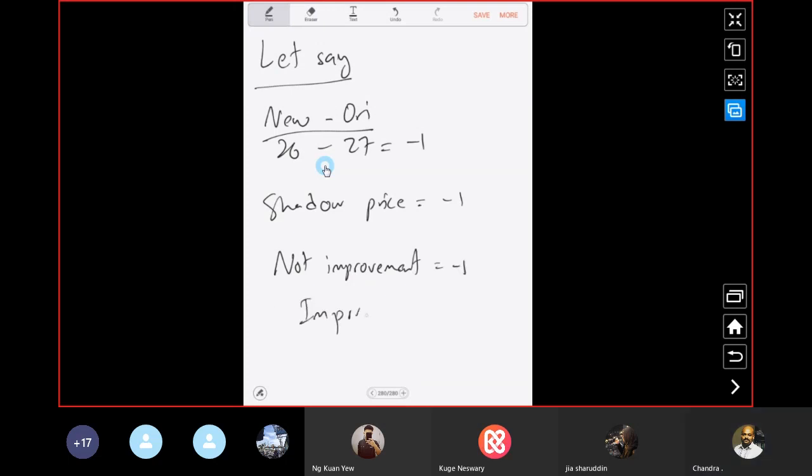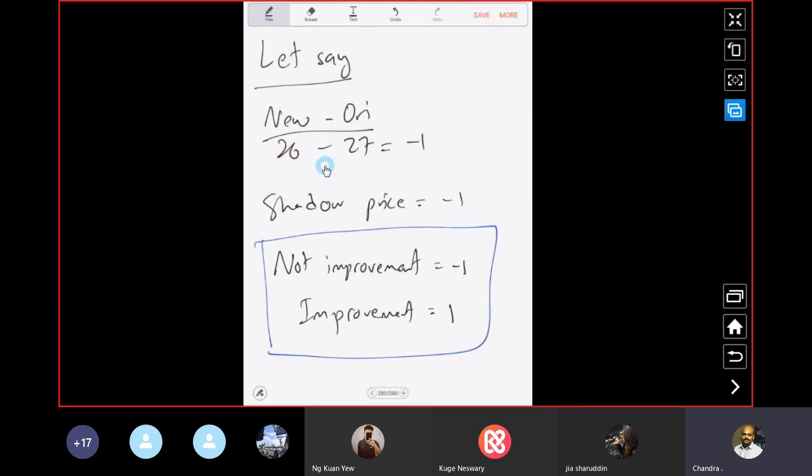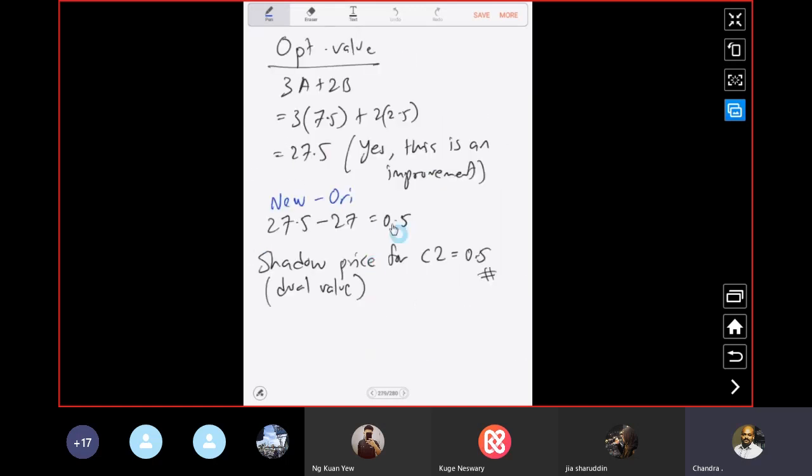Improvement, positive. Okay, positive 1. I just write here 1. Okay, this is the idea of doing shadow price. Remember this. Now, for maximum, you can just follow the difference. If it's -1, shadow price is -1. If it's positive 0.5, shadow price is also positive 0.5.